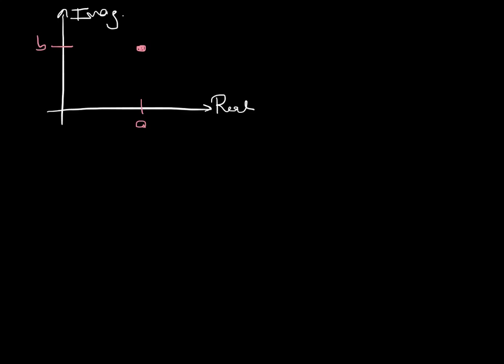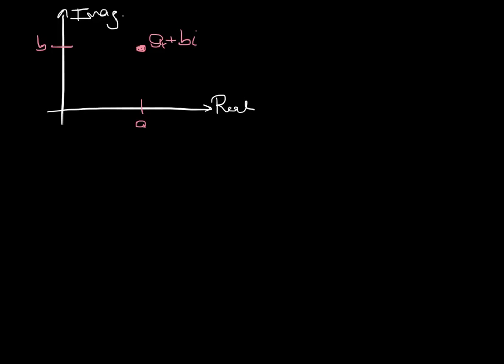So now let's take a look at trig form. Here's our real axis and our imaginary axis. And let's say we've got that's a and that's b. So this is a plus bi.